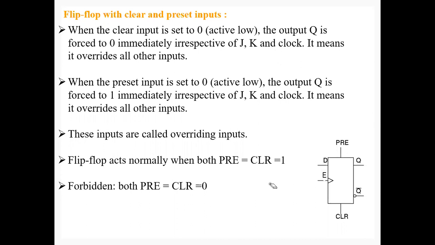In this case, I have a D flip-flop, right? See, this is my D flip-flop. This is the enable line, and you have Q and Q prime or Q bar. Then you have two more terminals here. One is pre, which is preset. Pre is preset, and CL is clear.